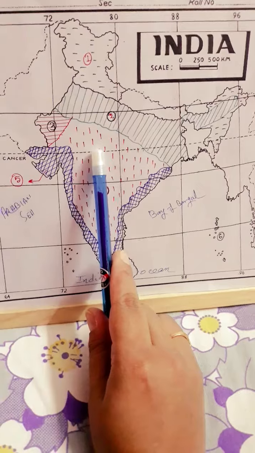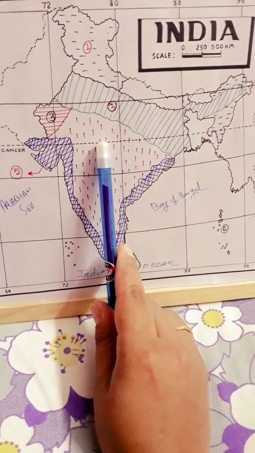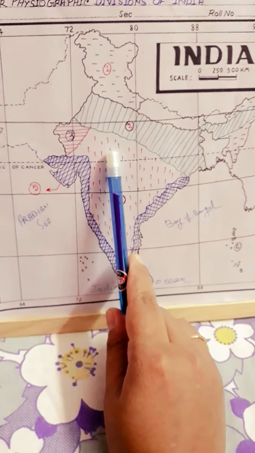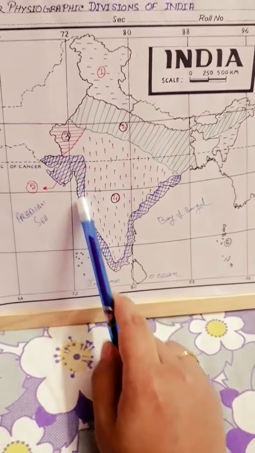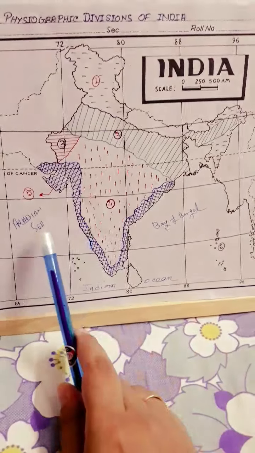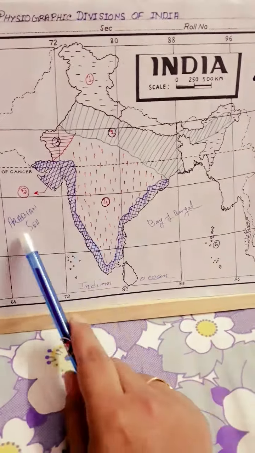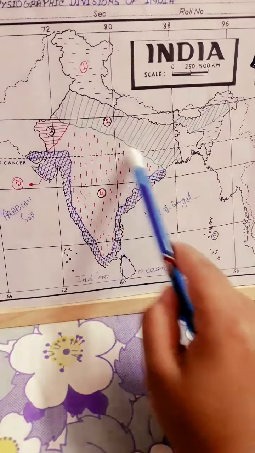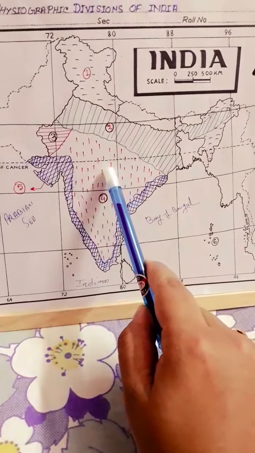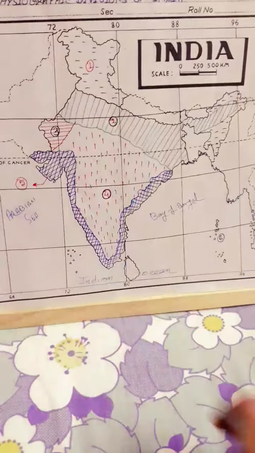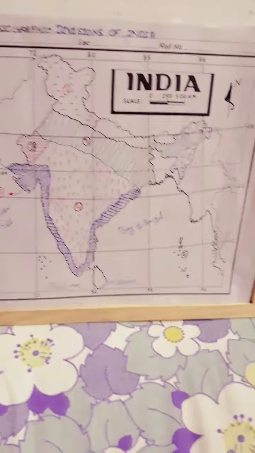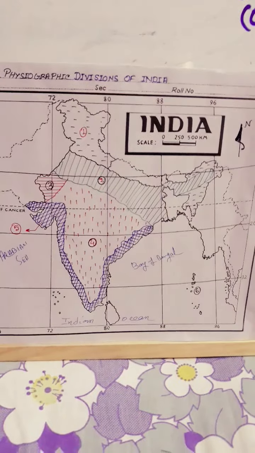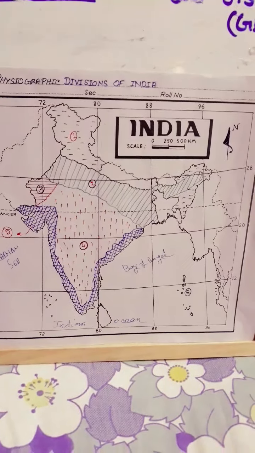And the fourth portion is joined with the mainland, right? So the landform that is covered by water from three sides is known as peninsular land, and the fourth part is joined with the mainland. This Peninsular Plateau constitutes one of the ancient landmasses on the earth's surface.